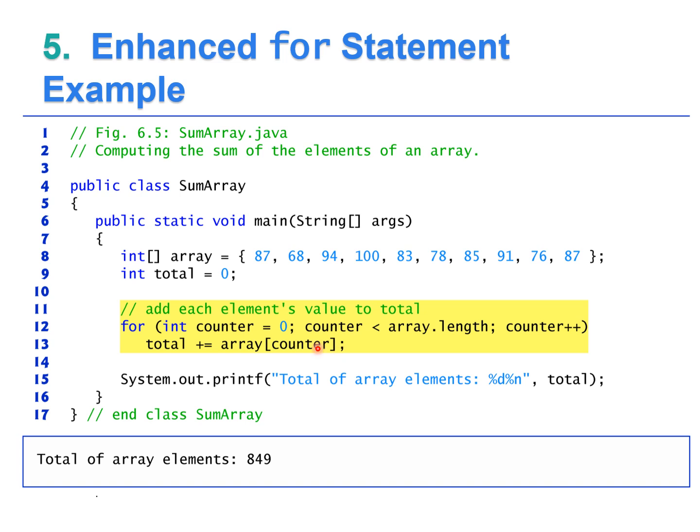As an example, we will convert the for loop used in the sum array program into an enhanced for loop. Recall that this for loop iterates through the array elements to sum the integers in the array.